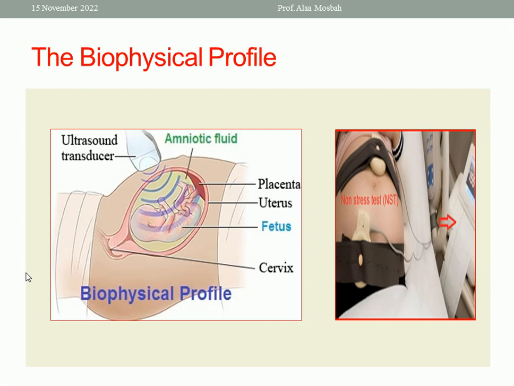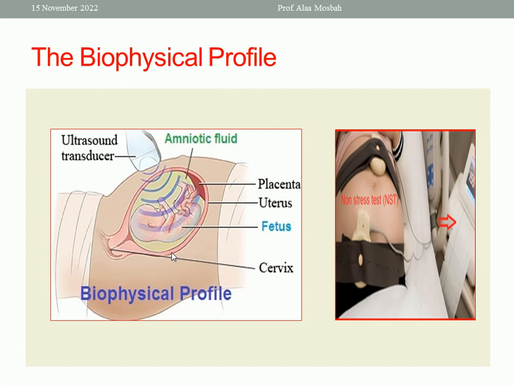So as you see, fetal respiration, at least 1. Fetal body movement, 3 or more. Fetal extension and deflection.